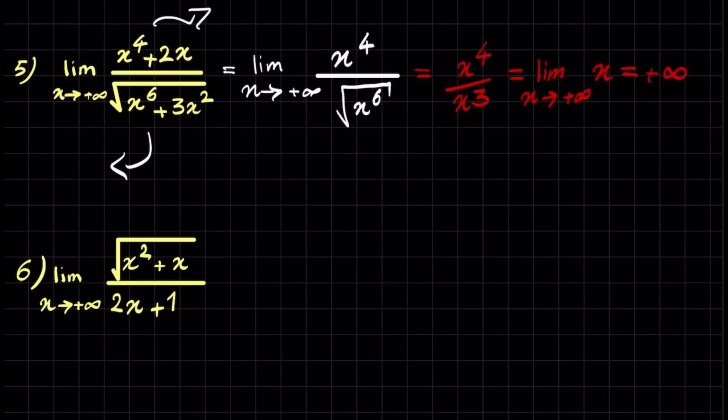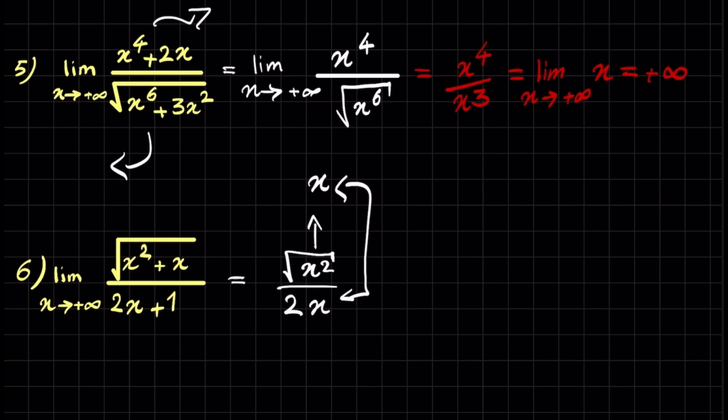And for this one, it goes the same way. All I need to do is to write down the highest term of the top, which is the square root of x squared, over 2x. So this one is going to be x over 2x, and we notice that the degrees are the same and equal. So the only thing that we need to write down is the coefficient.